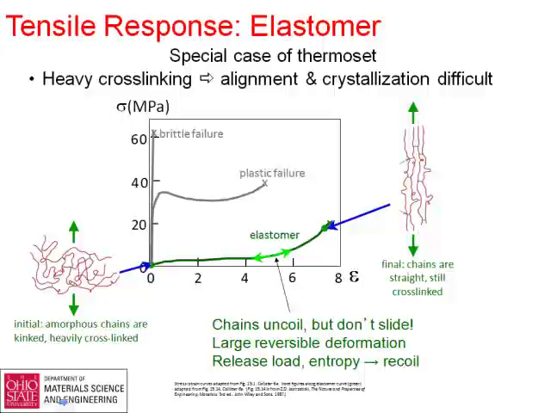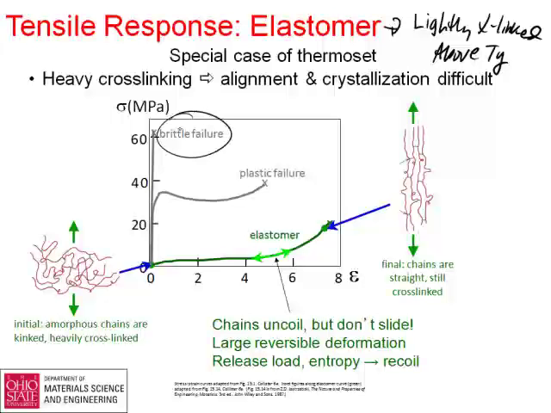So an elastomer is basically something that's fairly lightly cross-linked, and it exists above the glass transition temperature. And again, we can chemically control what the glass transition temperature is. So if you've got something that's heavily cross-linked, you might see brittle failure.